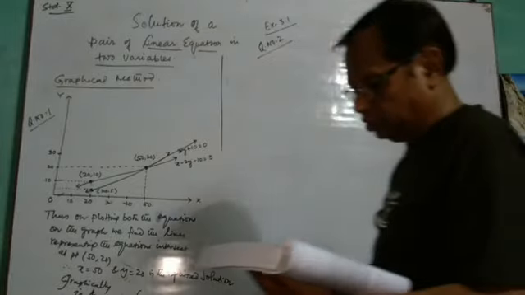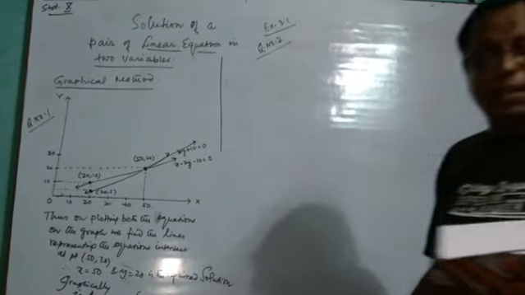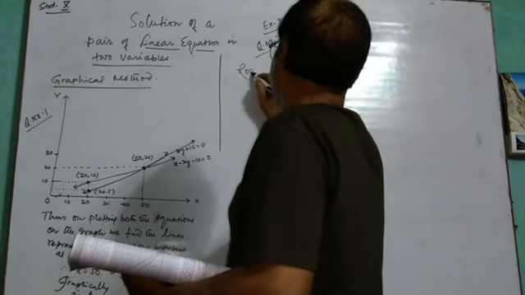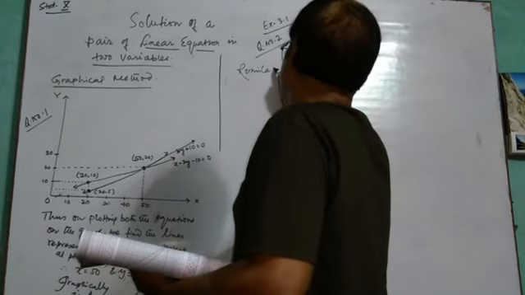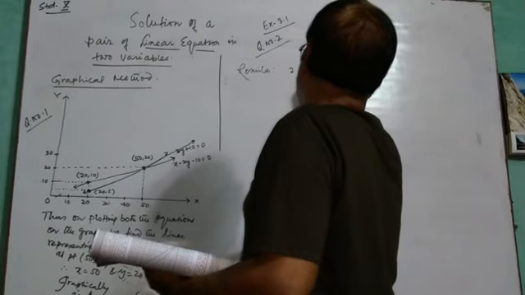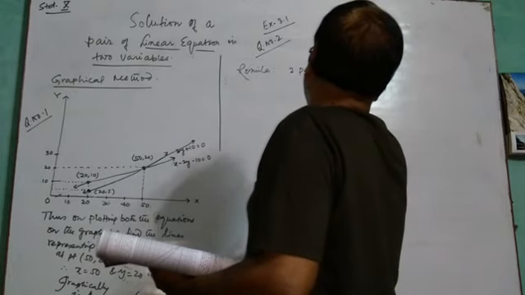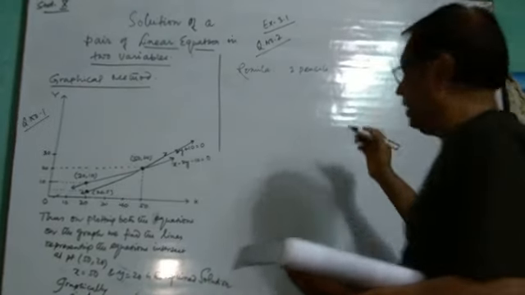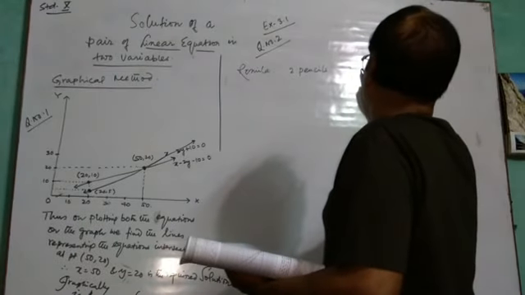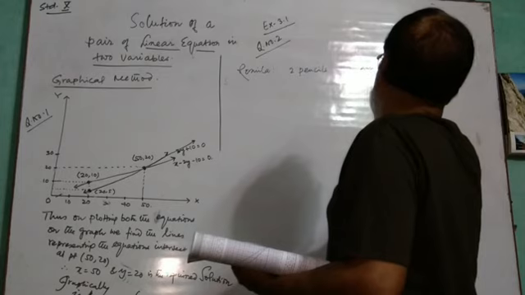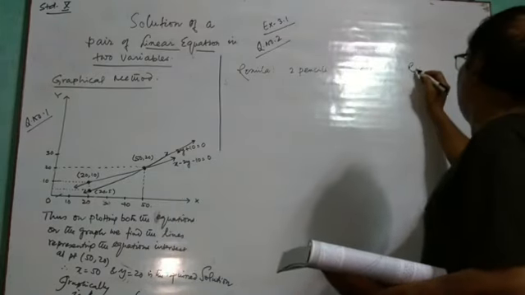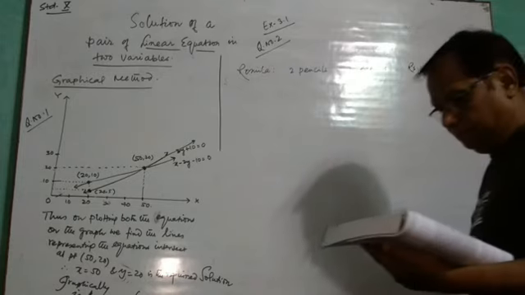Romila went to a stationery shop and purchased 2 pencils and 3 erasers for ₹9.